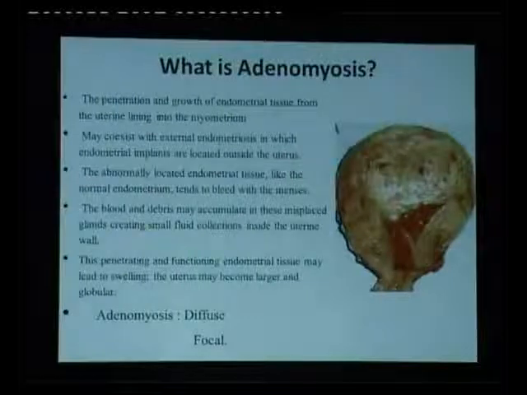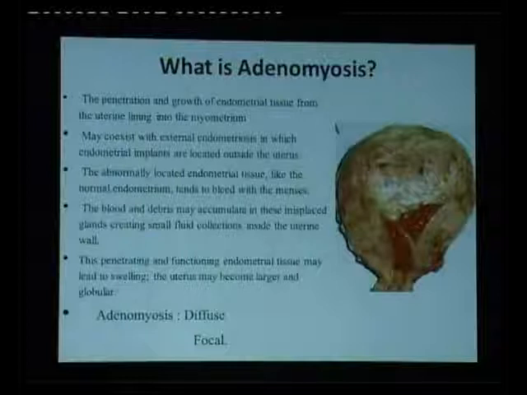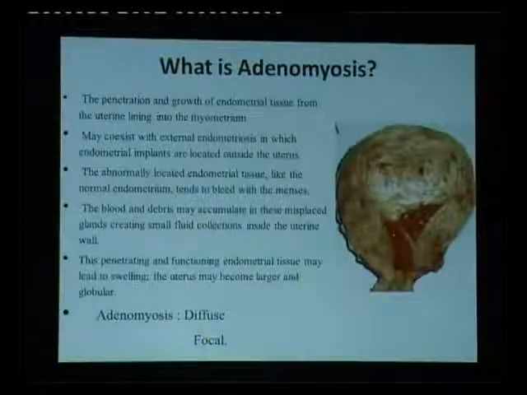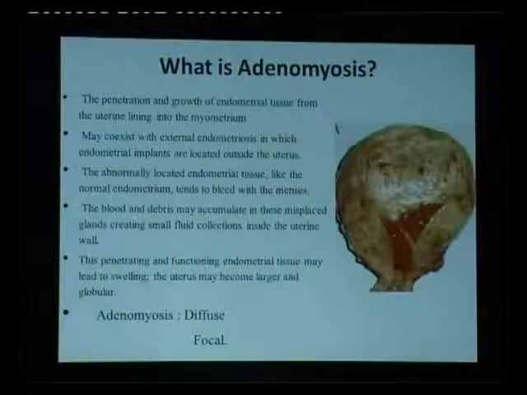Now, coming to adenomyosis. These are two things which sometimes we do get disturbed with. Another thing is that with fibroids, adenomyosis can also be coexistent, but adenomyosis in itself can also be a different entity.